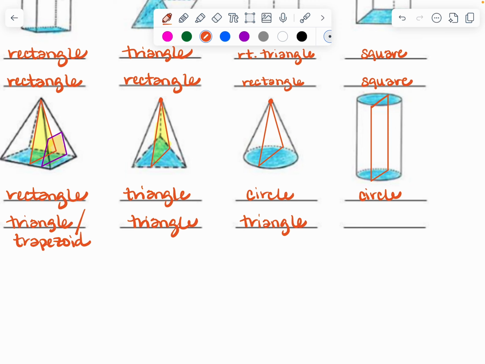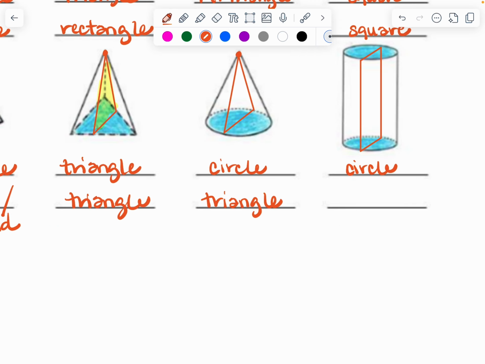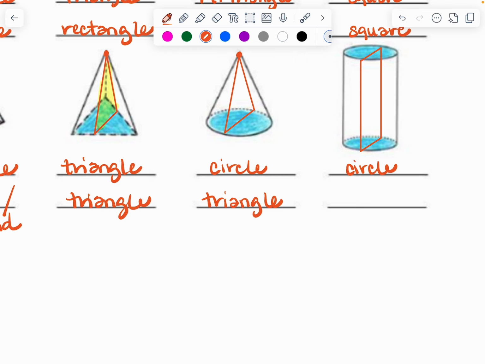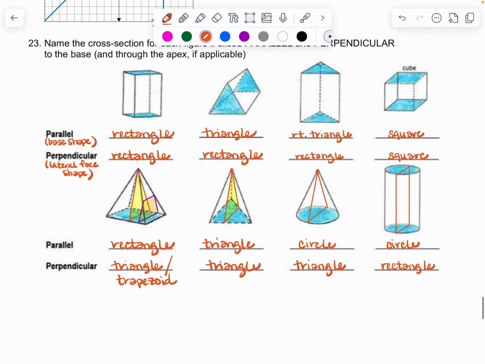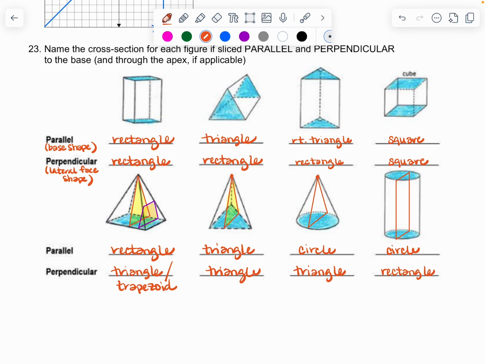Let me fix that mess. Here we go. Let's go up first and then over. There we go. All right, so anywhere I slice through my cylinder vertically or perpendicular to the base, we are going to get a rectangle.